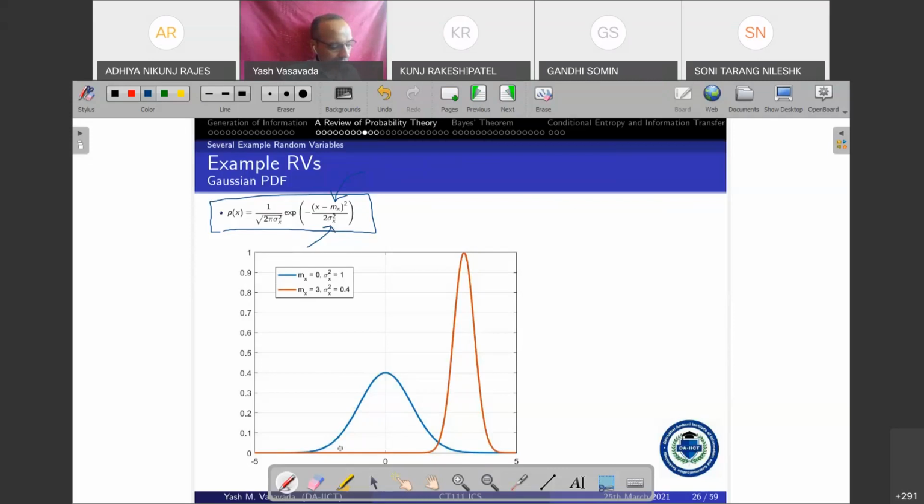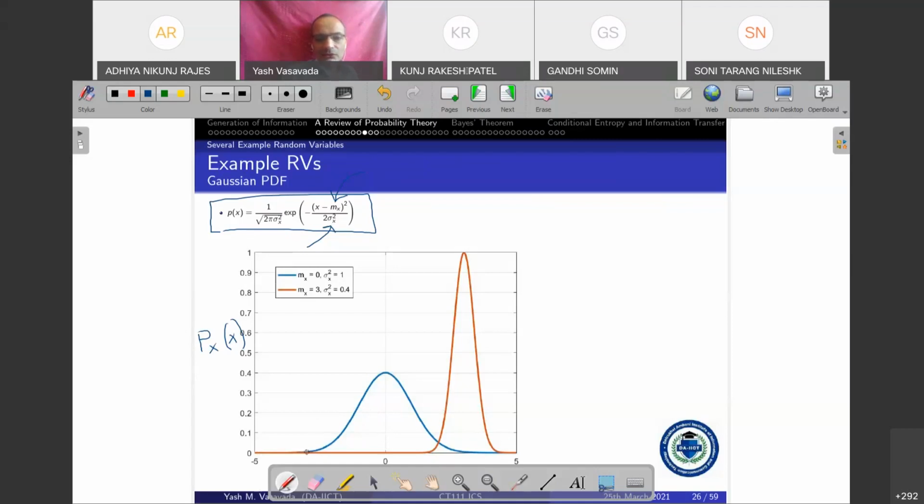Now, whenever we plot either the PDF or the PMF or the CDF or the CMF, the y-axis is going to be the probability density function or the probability mass function and so on. And the actual variable is always going to be along the x-axis. That is something that you want to keep in mind.